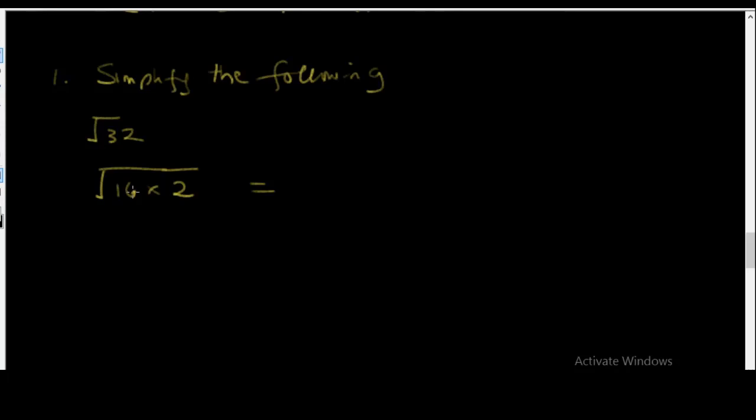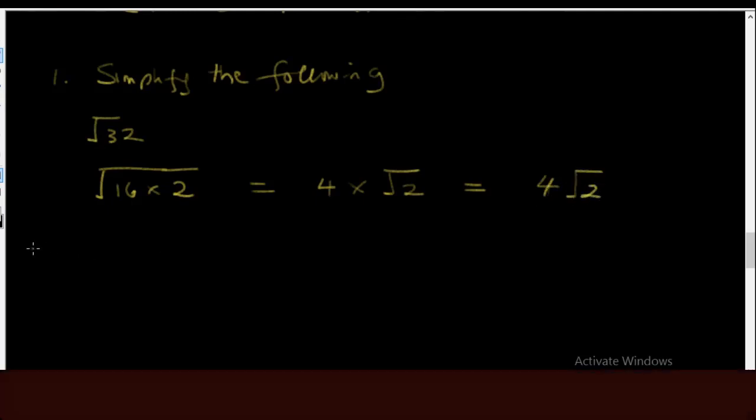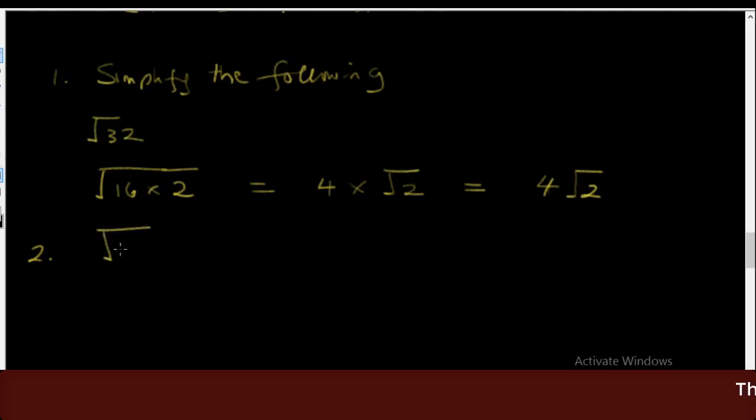The surd of 16, or the square root of 16, is 4, multiplied by surd 2. So your answer is equal to 4 surd 2. Now number 2, simplify the surd of 20.